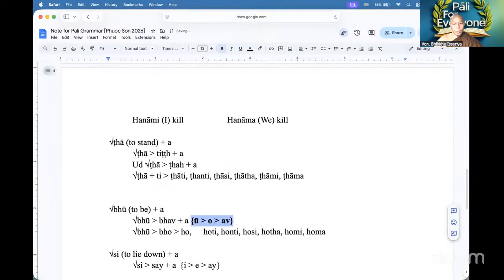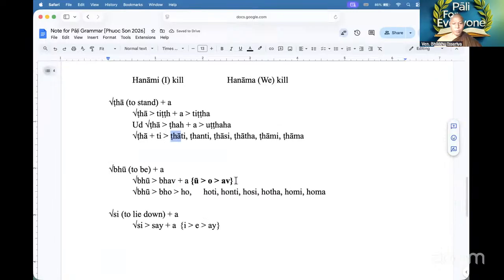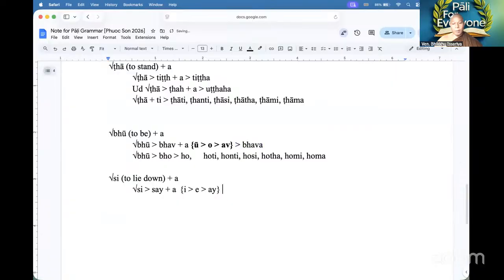Here the base is thāha, but here it is just thā, you see. And here also the base is saya. But if we don't use that a sign, si stays si, only the si.